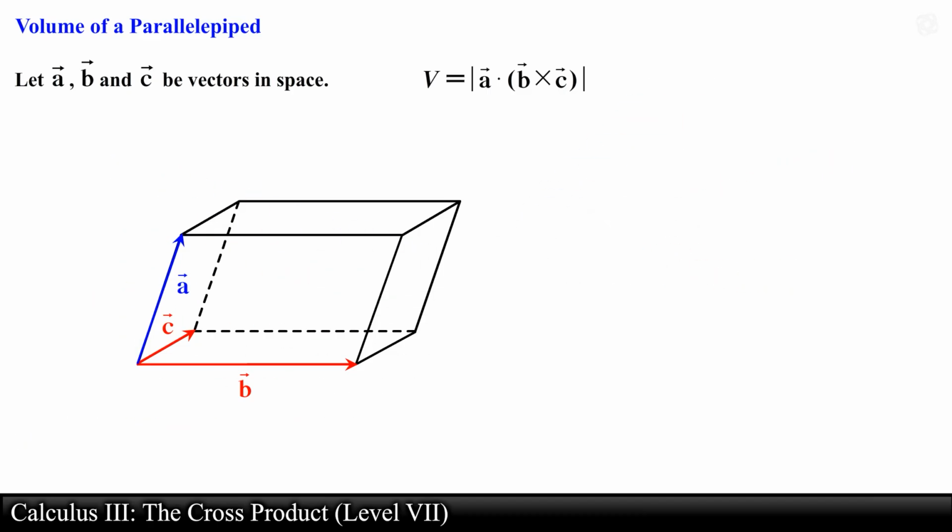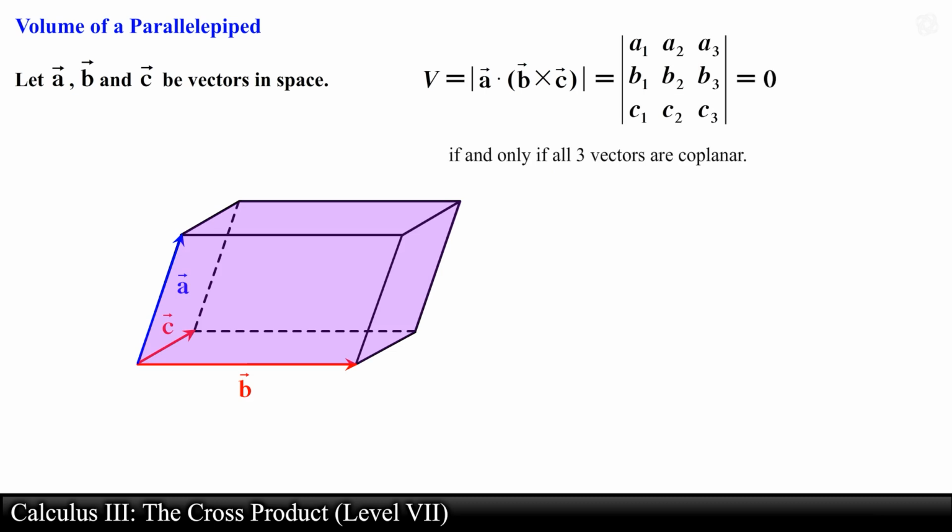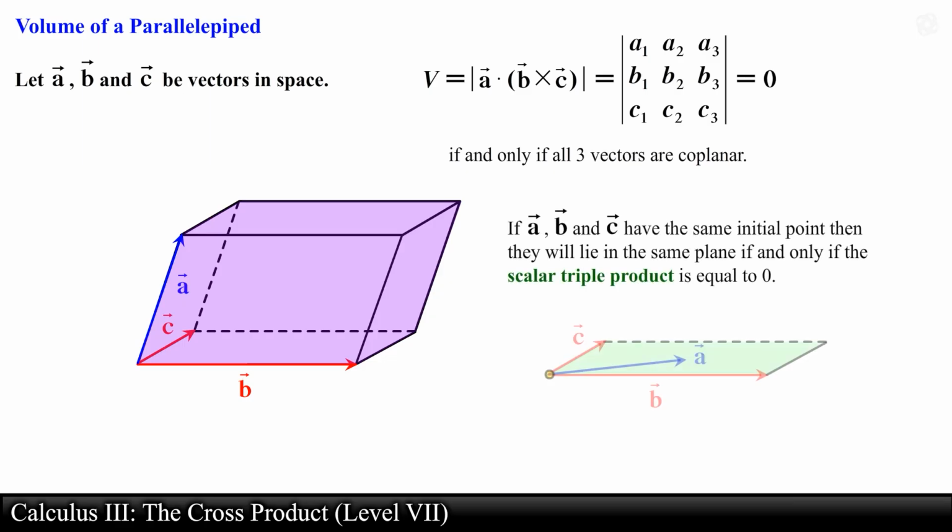A natural consequence of the scalar triple product is that the volume of the parallelepiped is 0 if and only if all 3 vectors are coplanar. That is, if vector A, B, and C have the same initial point, then they will lie in the same plane if and only if the scalar triple product is equal to 0.